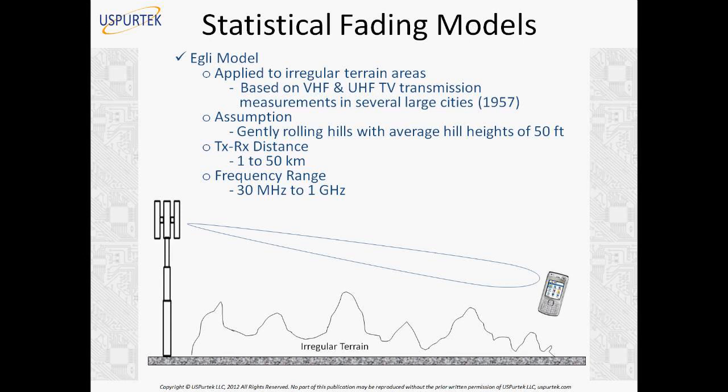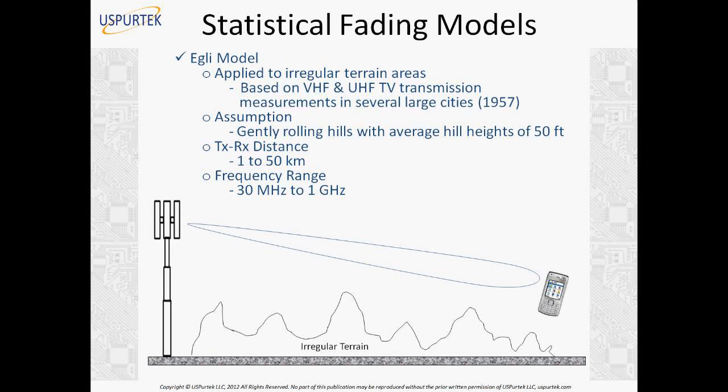So he arrived at this model based on a number of measurements in the actual transmission area, and he made some assumptions about the terrain where he did all these measurements. It consisted of gently rolling hills with average hill heights of 50 feet. So he put those assumptions in his paper.